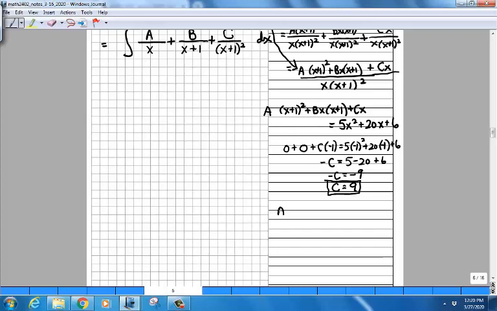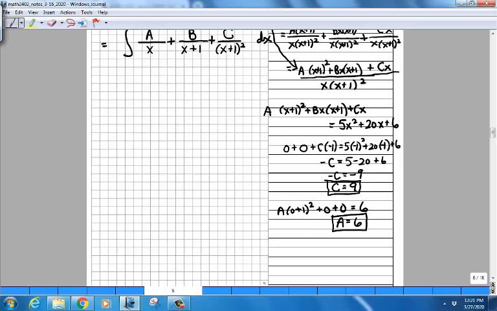That will give you a times 0 plus 1 squared, plus 0, plus 0, is equal to, and now when you plug in 0 for x on the right-hand side, these two terms disappear and you just get 6. Oh, that's nice. This is a times 1 squared, which is just a, so now I know what a is also. I know that a is equal to 6.